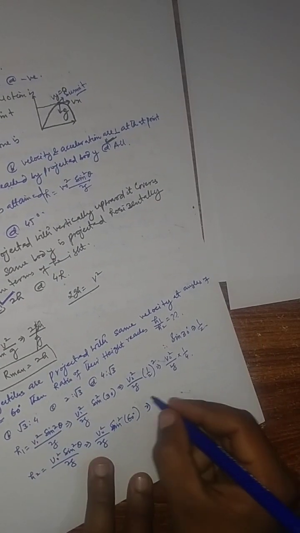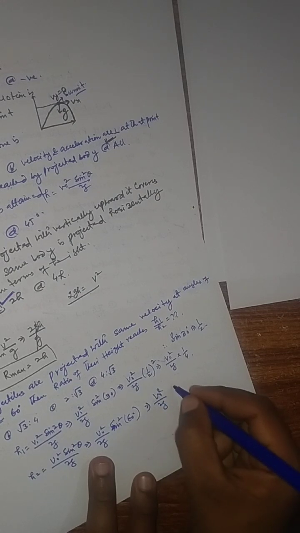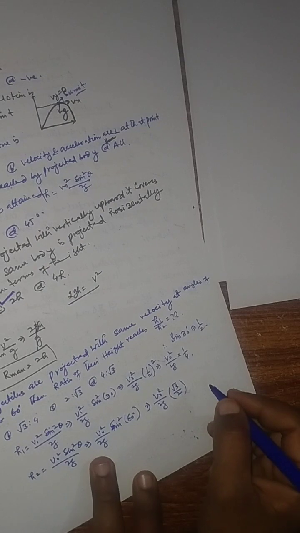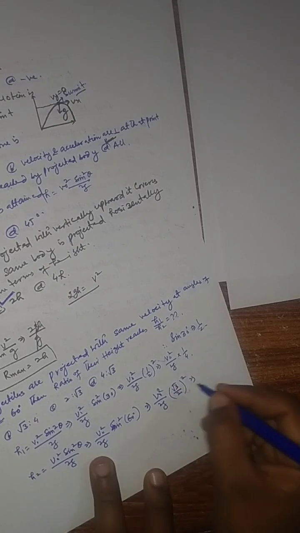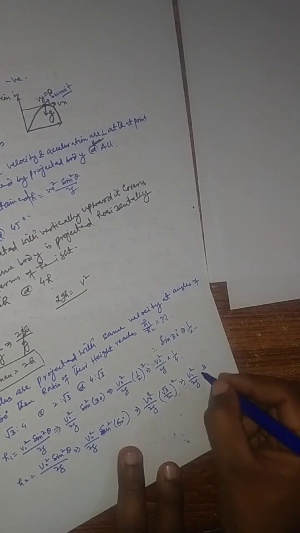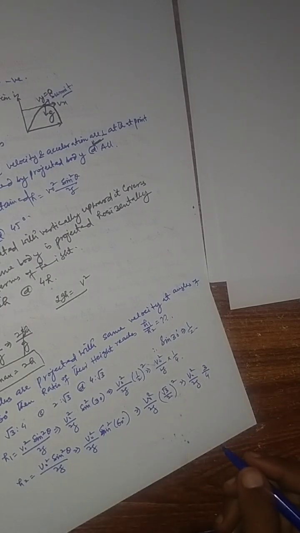Sine 60 is equal to under radical 3 over 2, 0.866. Squaring this we will get v naught square over 2g and 3 over 4.